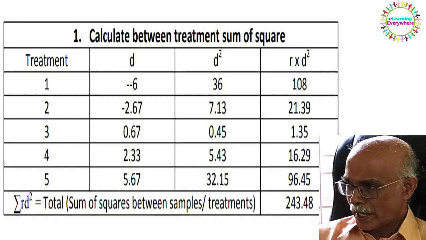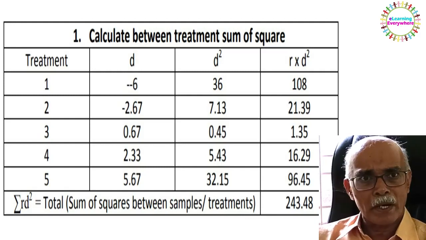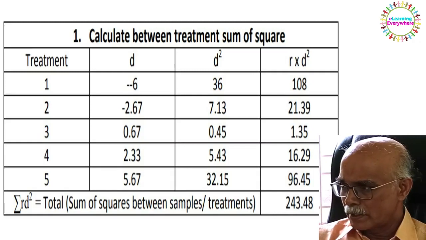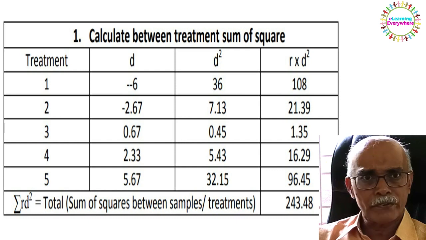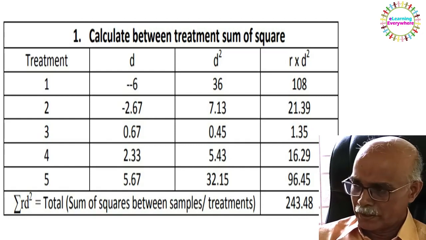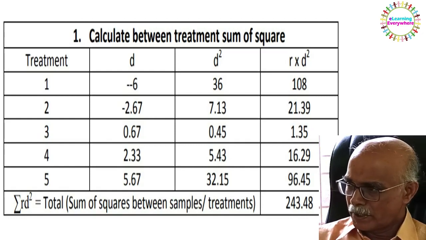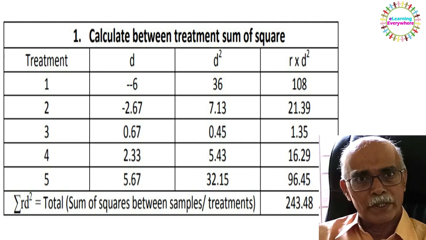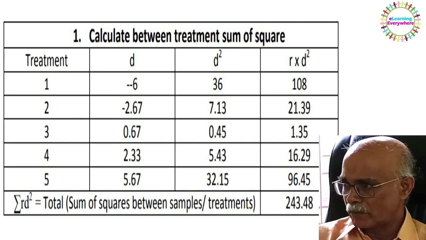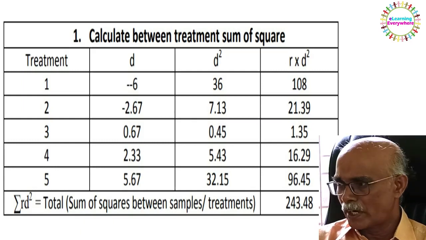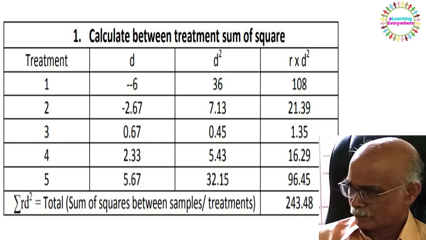So x minus X bar in each case, the corresponding sample mean, when minused with the grand mean, the combined mean, will be giving you the corresponding D. So for the first treatment there will be a D value, for the second treatment there will be a D value, so for the 5 treatments there will be 1 D value each.